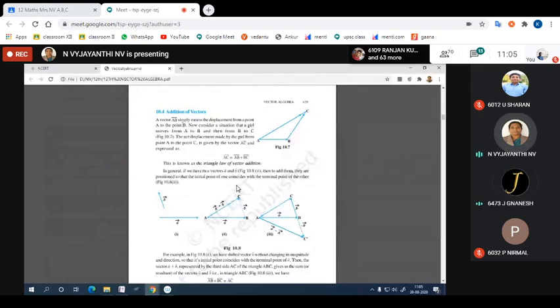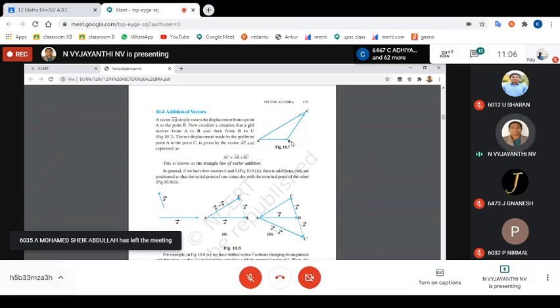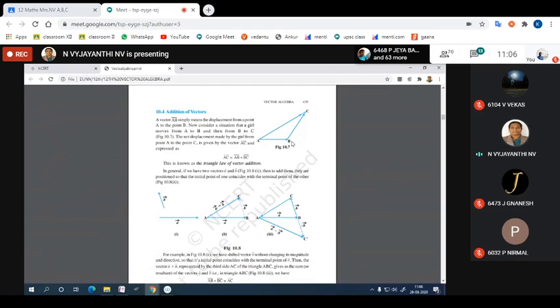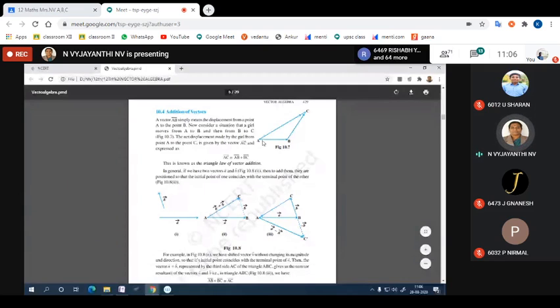A vector AB means the displacement from a point A to a point B. Now consider a situation where a person moves from A to B and then from B to C. The displacement from A to C is the AC vector, and it is expressed as AC vector equals AB vector plus BC vector. Now have you understood the concept?